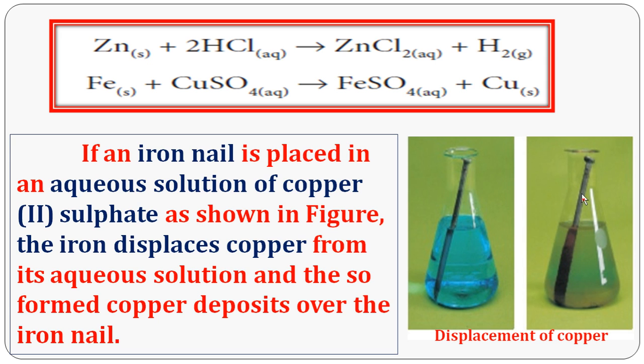Here the copper is deposited on the iron nail. The iron displaces copper from its aqueous solution, and so the formed copper deposits over the iron nail. The blue color of the copper sulfate changes into the green color of the ferrous sulfate, FeSO4.